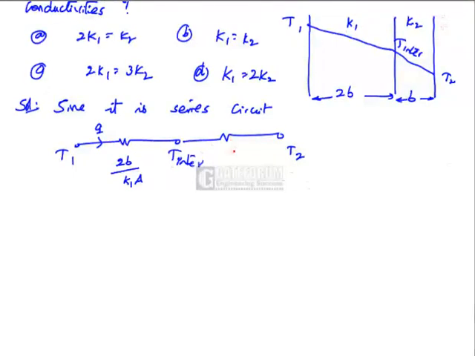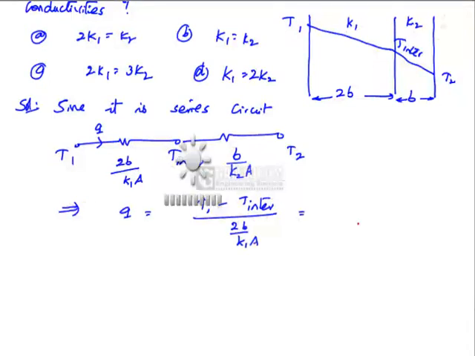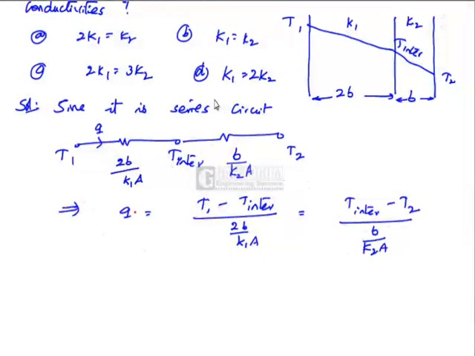Second resistance is B by K2A, implies Q is equal to T1 minus T interface divided by 2B by K1A is equal to T interface minus T2 divided by B by K2A.